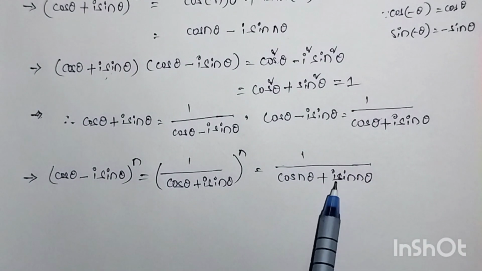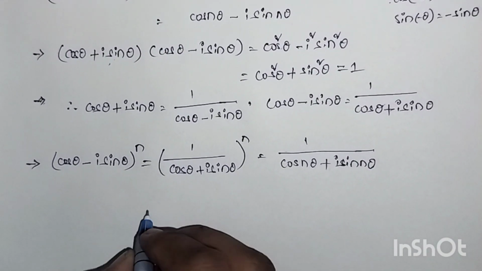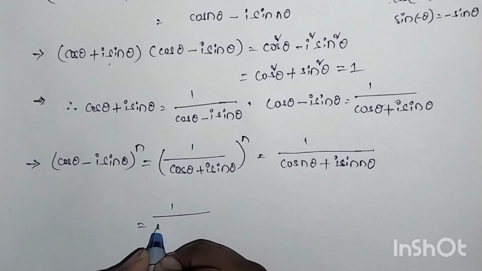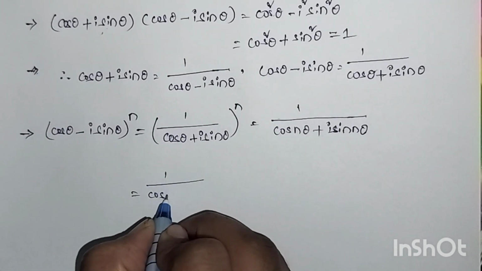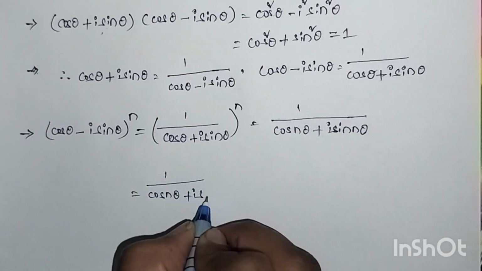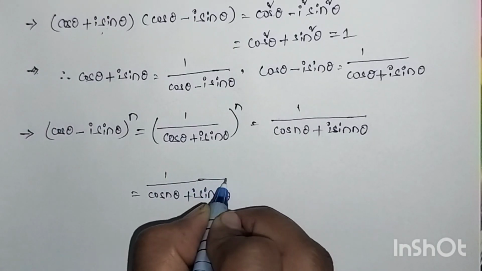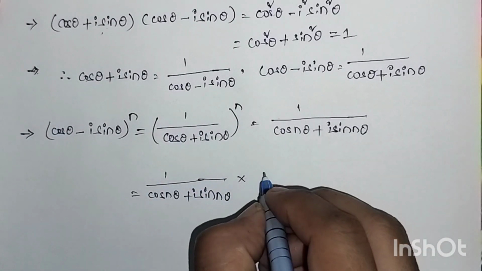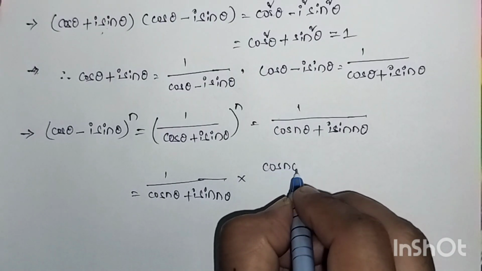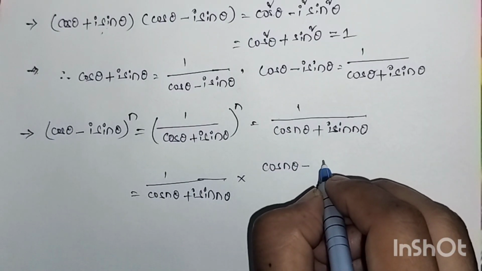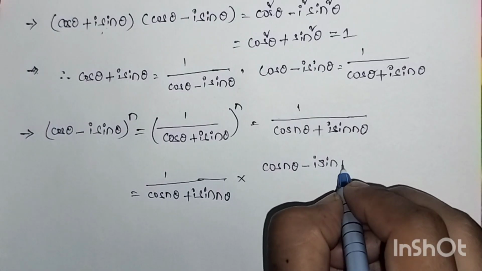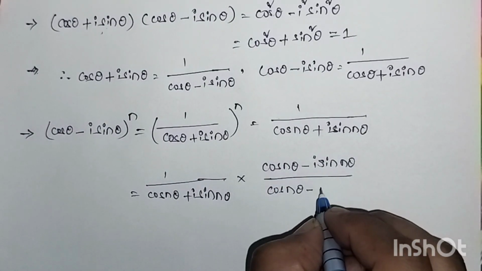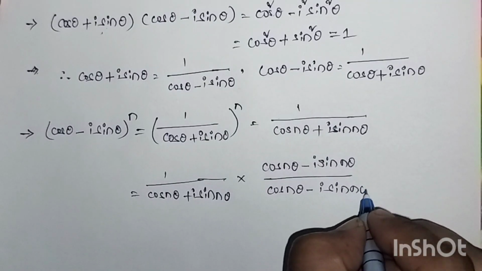We can do the rationalizing factor here: 1 by (cos n theta plus i sin n theta) into (cos n theta minus i sin n theta) by (cos n theta minus i sin n theta).